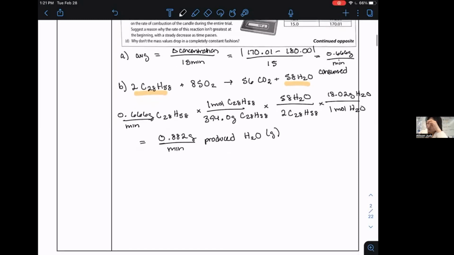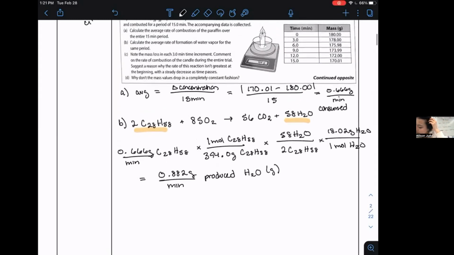Okay, B. We just did that. C, note the mass loss in each 3-minute time increment. Comment on the rate of combustion of the candle during the entire trial. Suggest a reason why the rate of this reaction isn't greatest at the beginning with a steady decrease as time passes. Talk with a neighbor about that. Just don't have to write it out. Just talk with a neighbor.